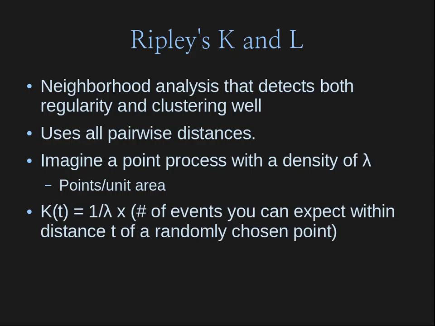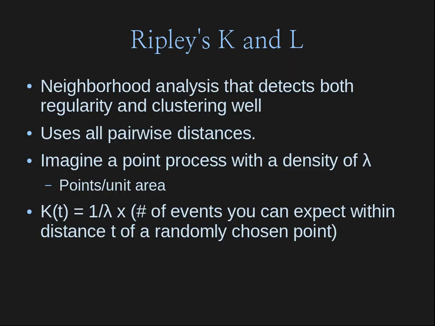And then our statistic here, we're going to start with the Ripley's K statistic. K of t is equal to, t being, we'll come back to that because it's in here, 1 over the density times the number of events that you can expect within a distance of t from any randomly chosen point in this area.